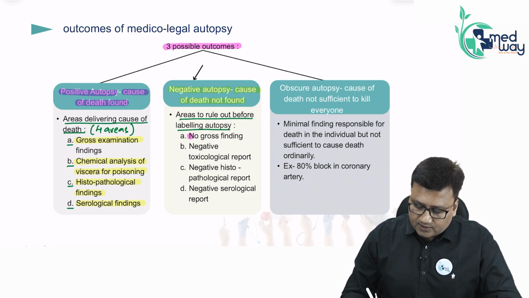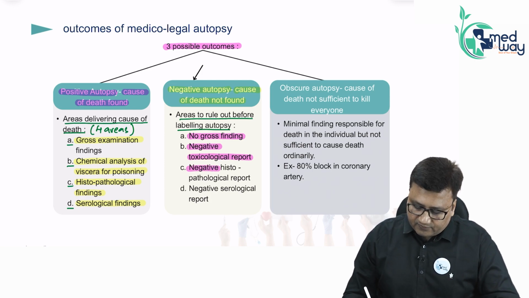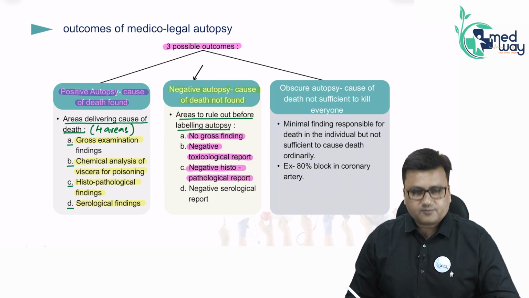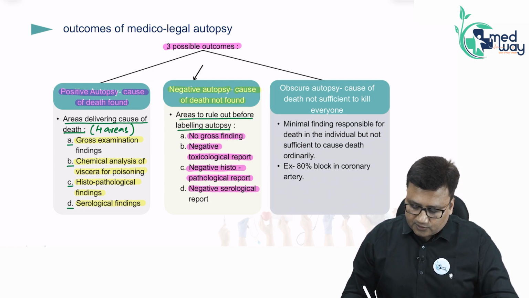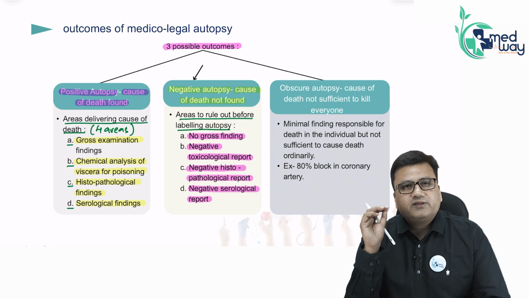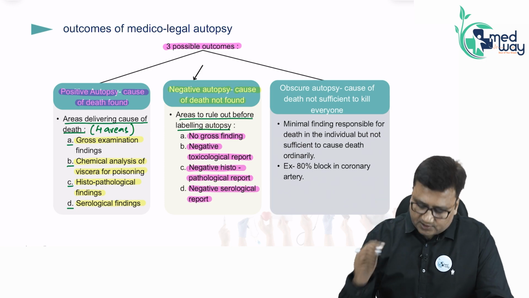The first is no gross finding. The second is negative toxicological report. The third is negative histopathological report, and the fourth is negative serological report. So, if everything comes negative, the autopsy is said to be negative autopsy.